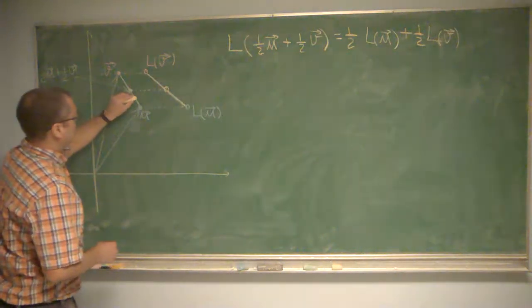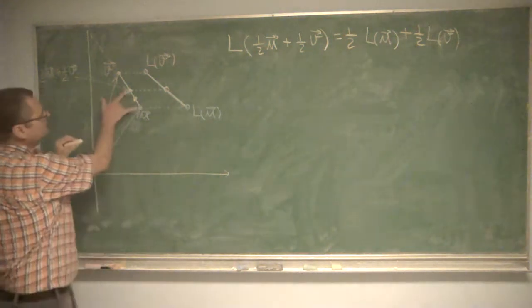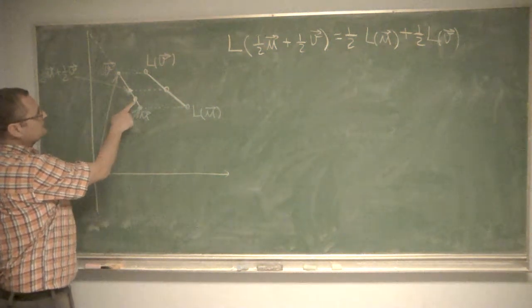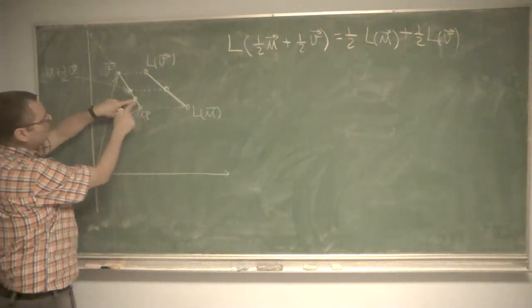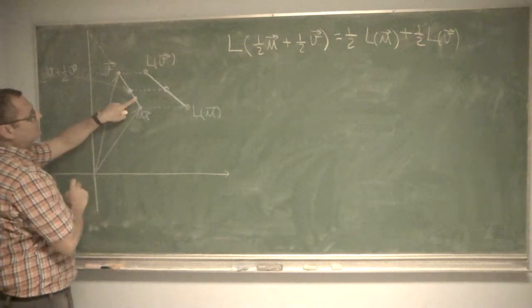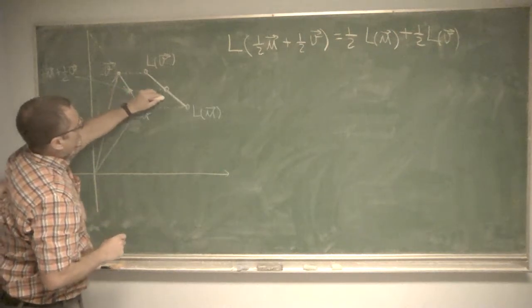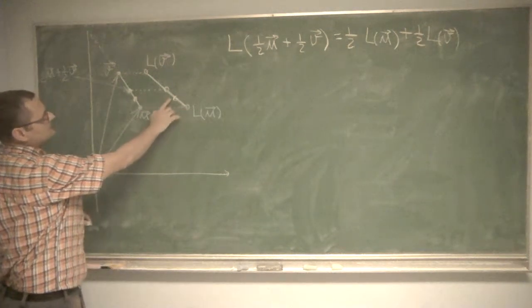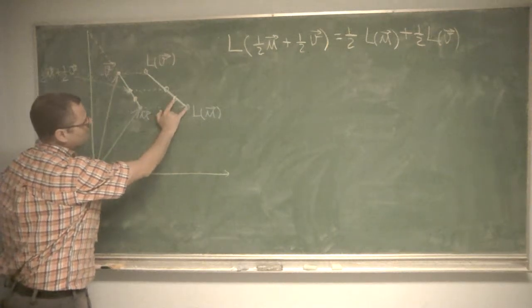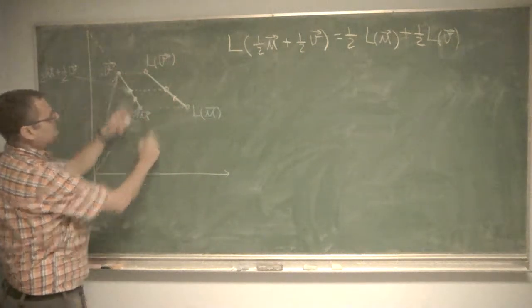So let's say this point, which is between these two. So this point is 3 times closer to u than to v. All right? It will get mapped to the point on this line segment that is 3 times closer here than here.